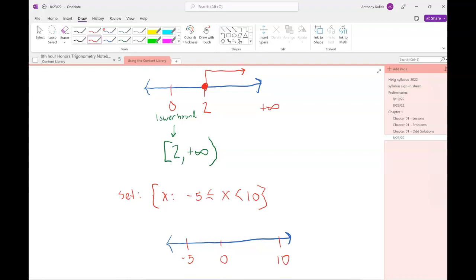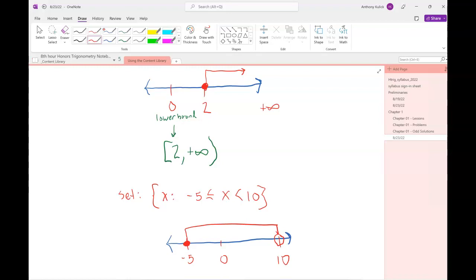So there's my number line, -5 and 10. I always put 0 in there just for reference. -5, we have the closed circle because -5 certainly satisfies that inequality. And at 10, we'd have the open circle. And then everything in between would fit.